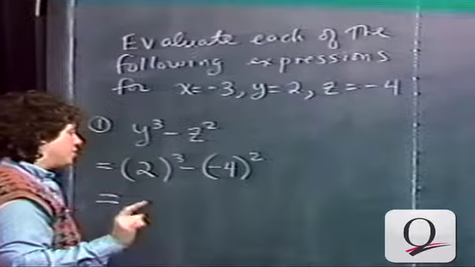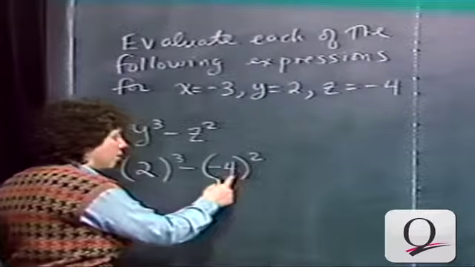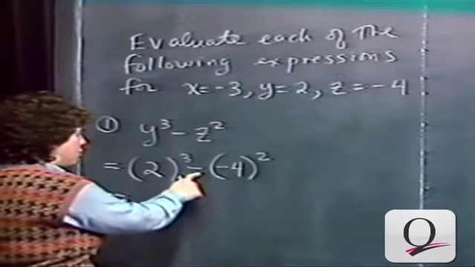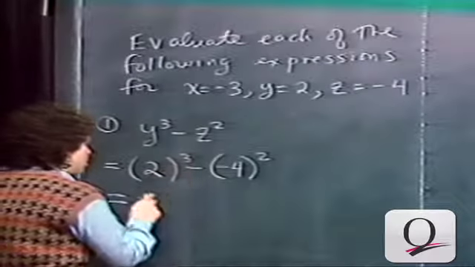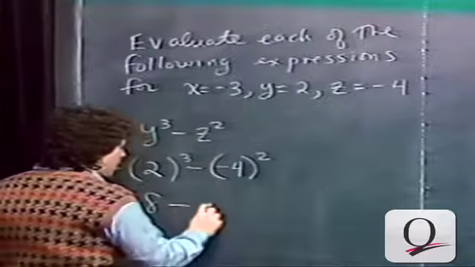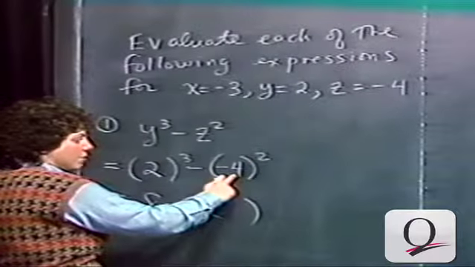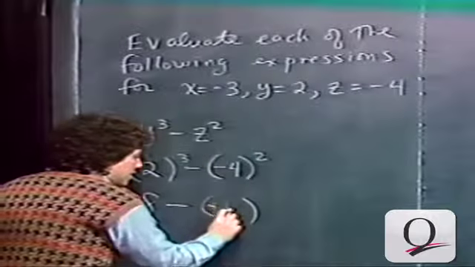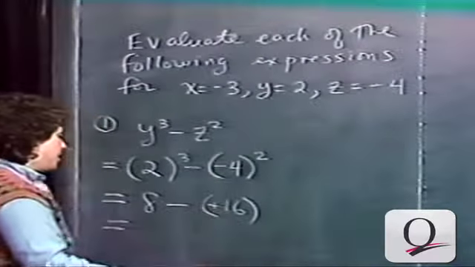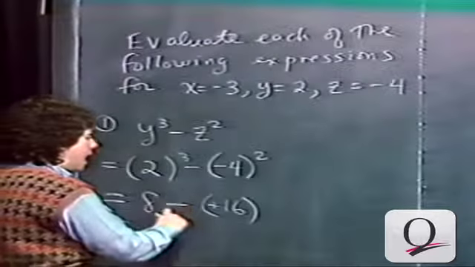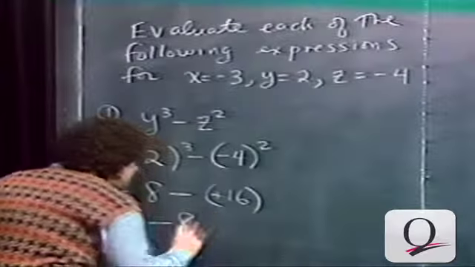Order of operations dictates that the multiplications implied by the exponent here ought to be performed before the subtraction. So we have 2 cubed, 2 times 2 times 2, which is 8, take away minus 4 squared. Minus 4 times minus 4, we've already seen, is plus 16. Plus 8, take away a plus 16, is the same as plus 8 adding a minus 16. And the result is, of course, minus 8.